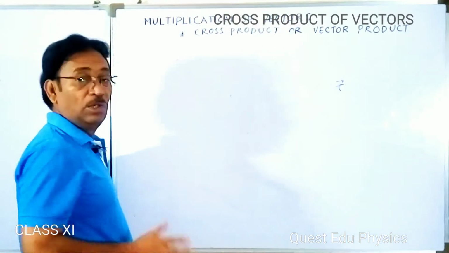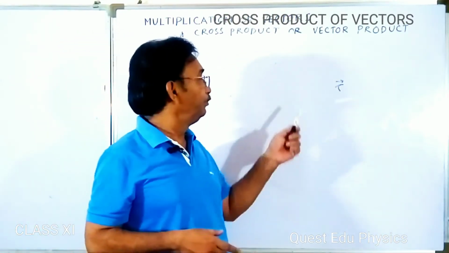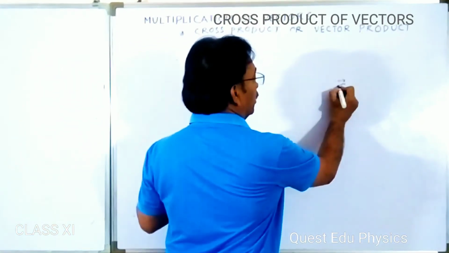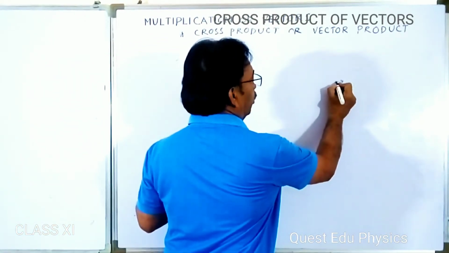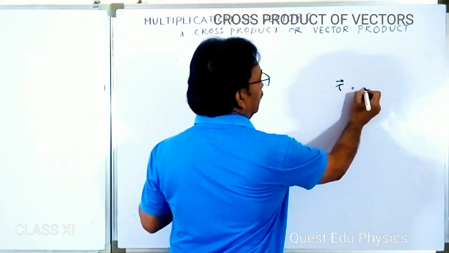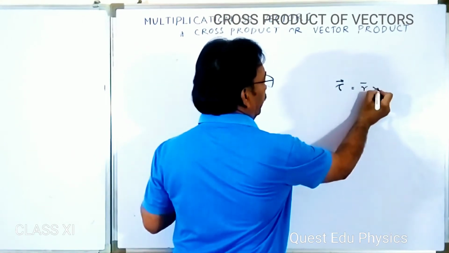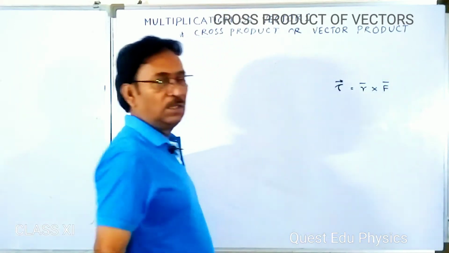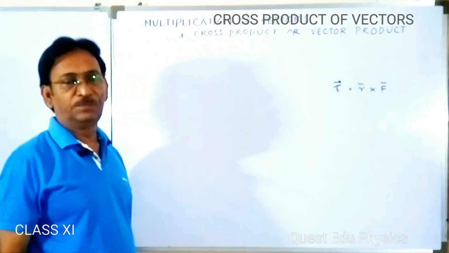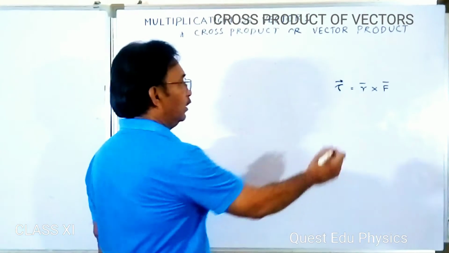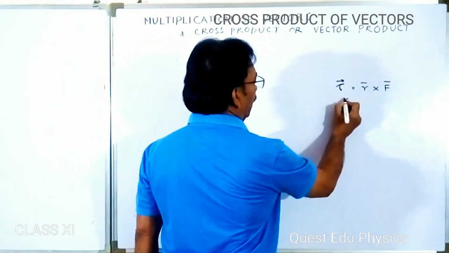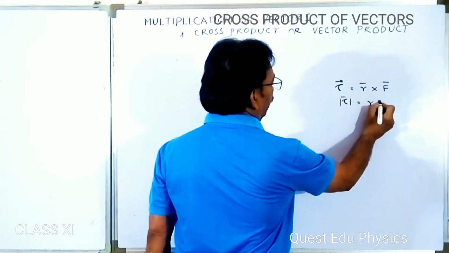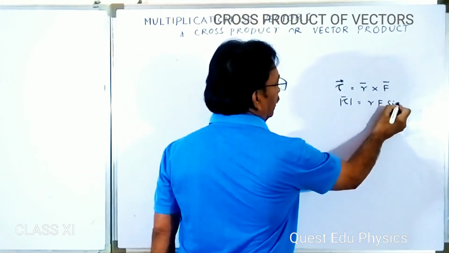Now we are going to learn about the examples of cross product of the two vectors. The first and important example is what? The cross product between perpendicular distance and the force. Okay, and you know that the magnitude of the torque can be had as tau is equal to R F sine theta.